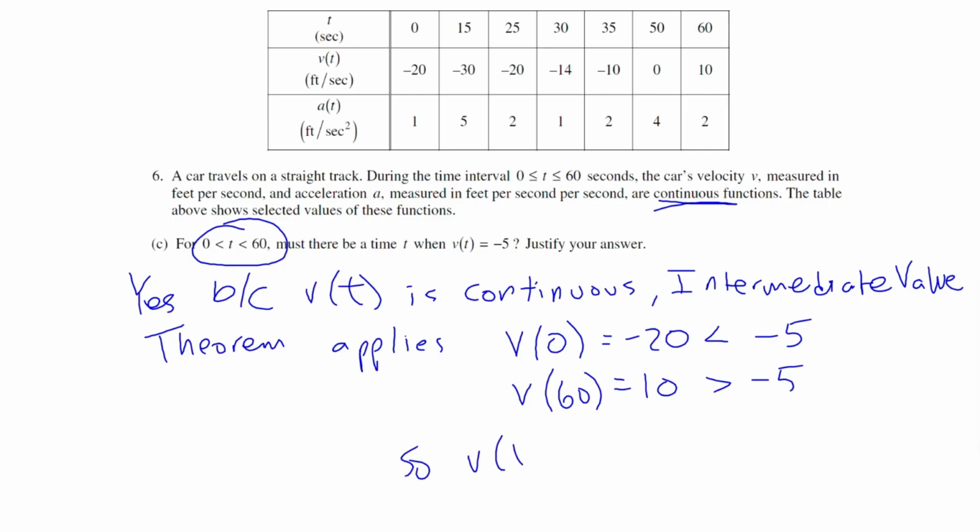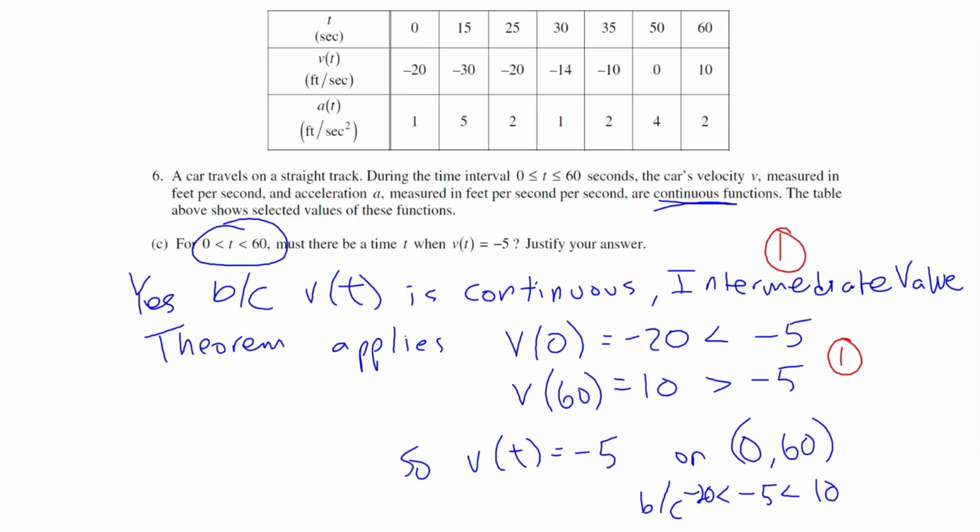So v of t equals negative 5 on 0 to 60, because negative 5 is greater than negative 20, but less than 10. And that would get you 2 points here. 1 for showing that negative 5 is between a couple of these values, and 1 for using the intermediate value theorem with the initial condition that it was continuous.